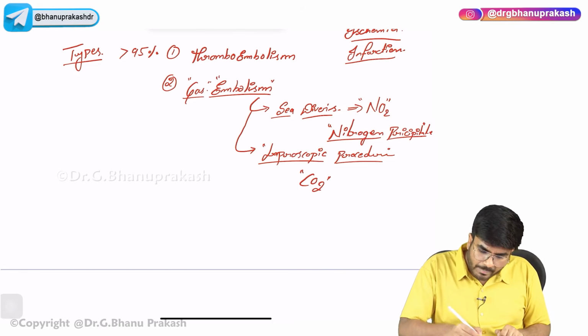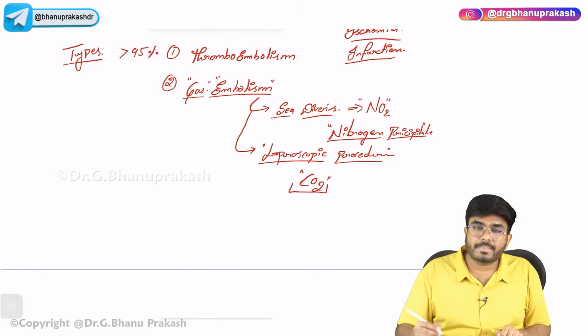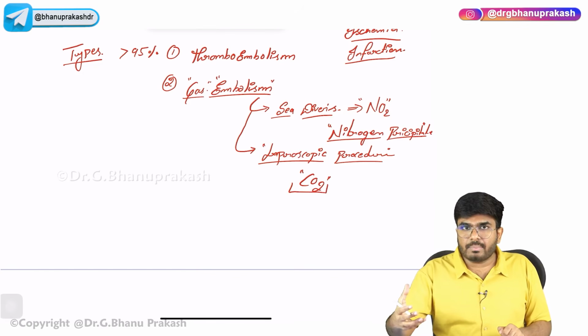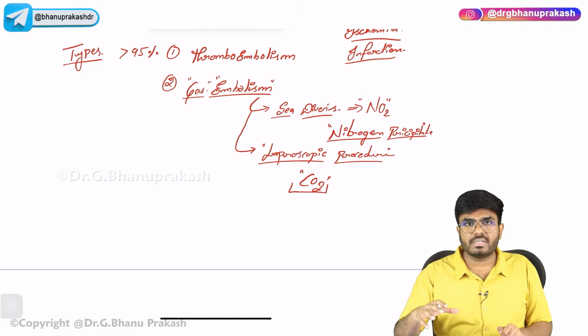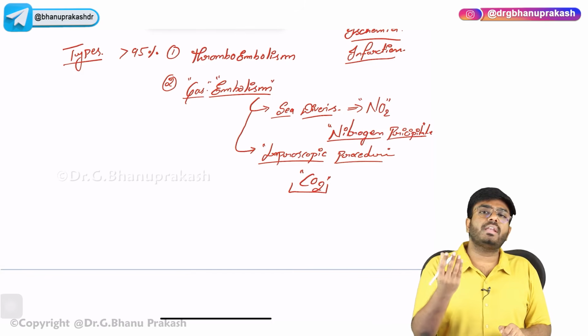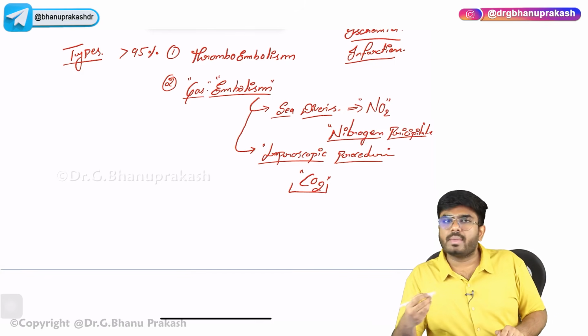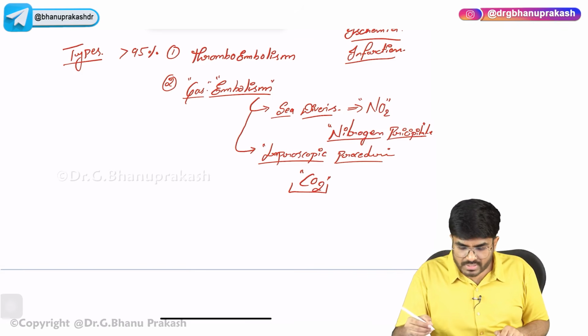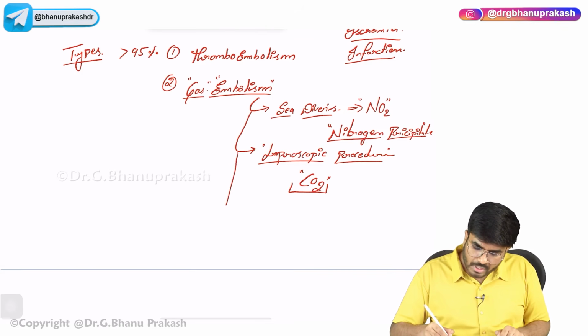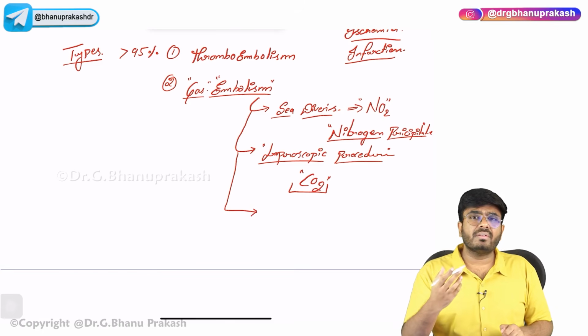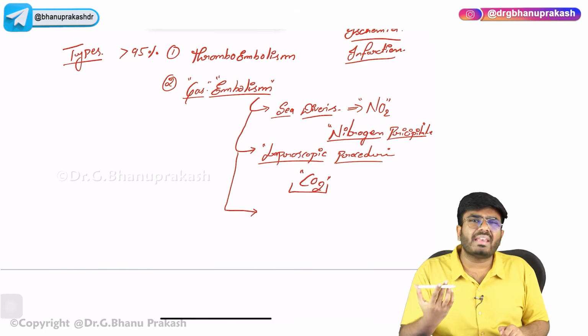Sometimes what can happen is, since a lot of carbon dioxide gas is there, if there is any bleeding blood vessel, this carbon dioxide gas can enter through that vessel into the blood and lead to embolism. Or, for example, while giving injections, this is very rare.